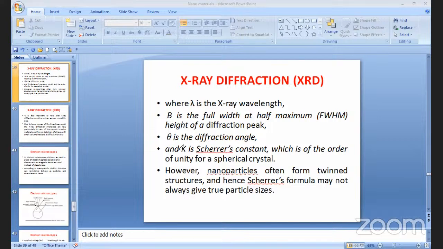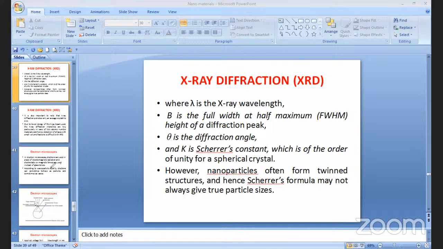These nanoparticles often form twin structures, and hence the Scherrer formula may not always give the true particle size. So this is the X-ray diffraction method, which can be used to get information about the crystalline nature of the nanoparticles.